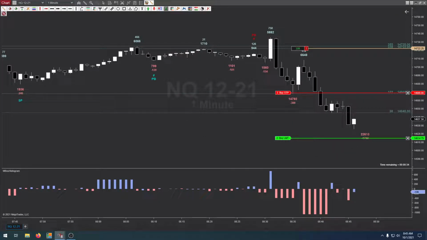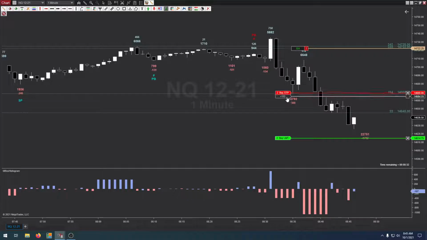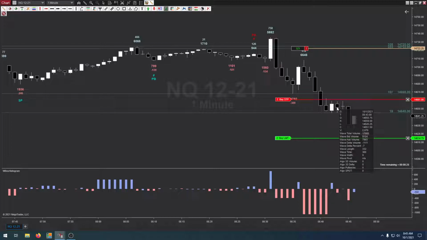So I'm going to bring it to this fractal right there. I think that's a fractal right there. That one is 659.50. That's a fractal right there. So I will bring it to that.